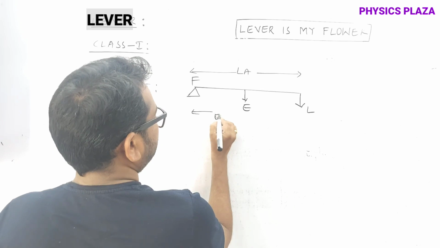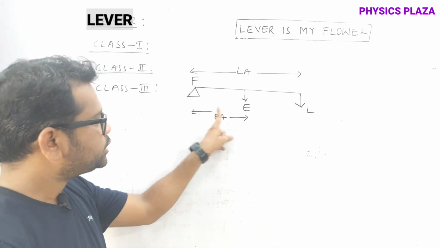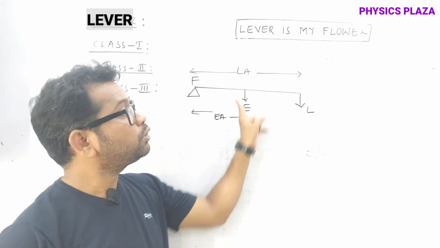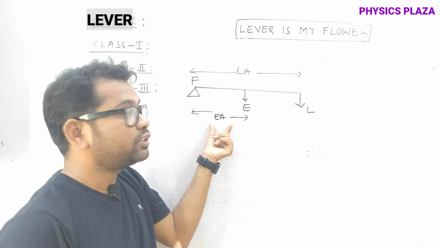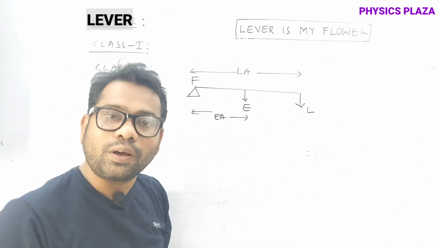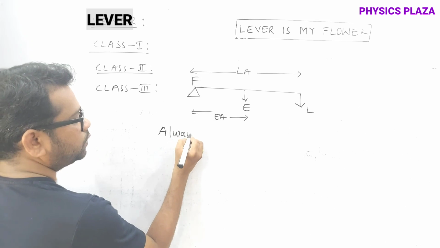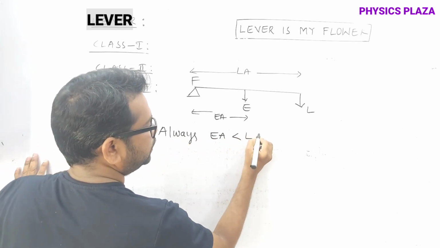You can change the position of the effort, but you can't put it beyond the load. You can't make the effort arm greater than the load arm. It's very important: the effort arm is always less than the load arm.